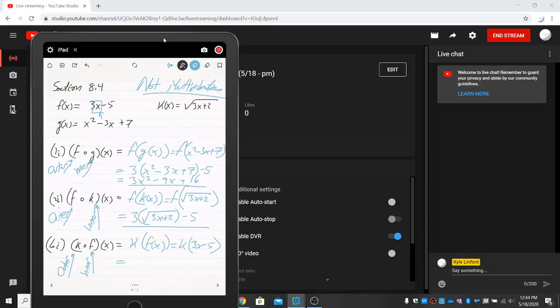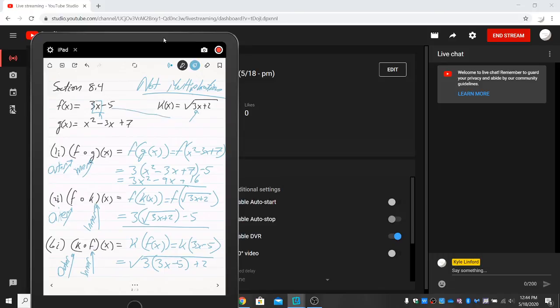So I'm going to take k, which is the square root of 3 times x, and oh, there's an x there, so I'm going to put in 3x minus 5, and then plus 2. There's the function. I took the function square root of 3x plus 2, and where there was that x, right there, I subbed in what f was.